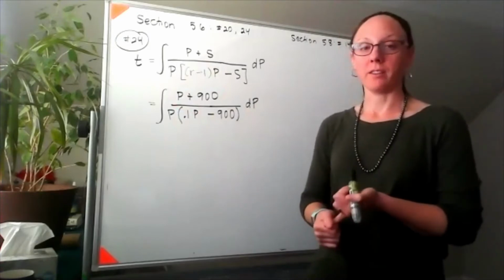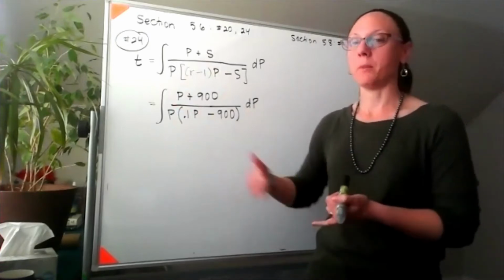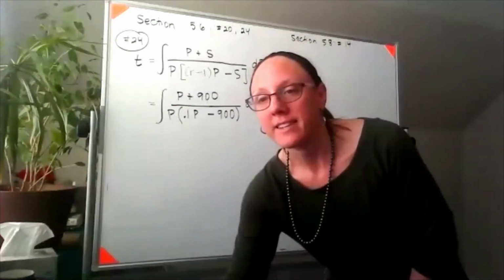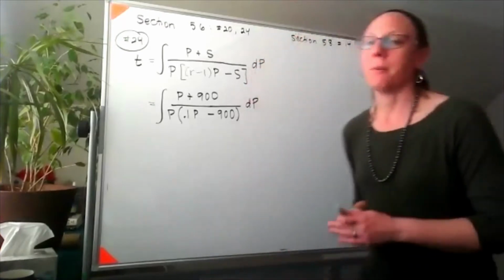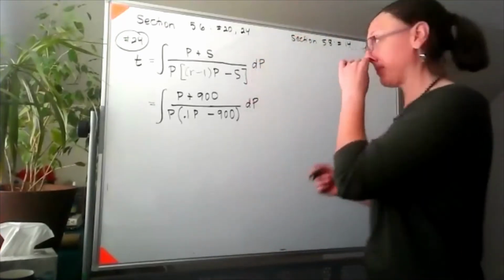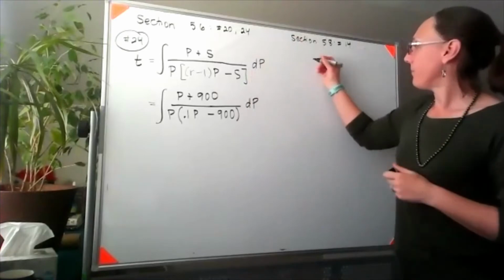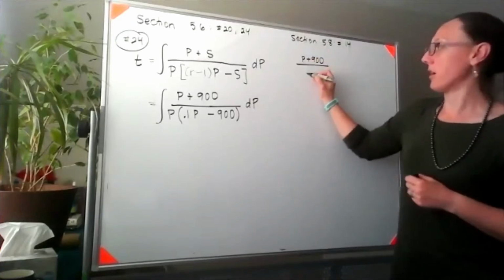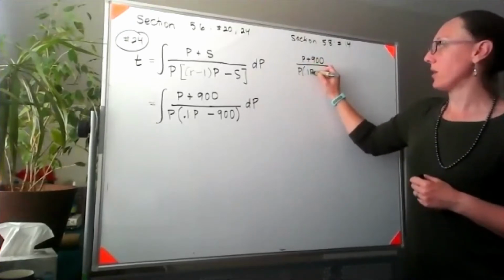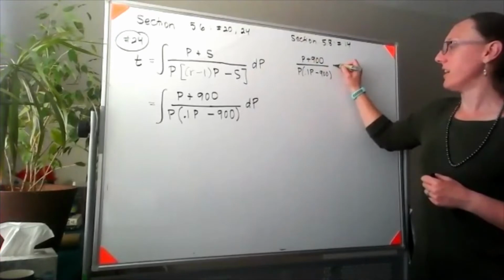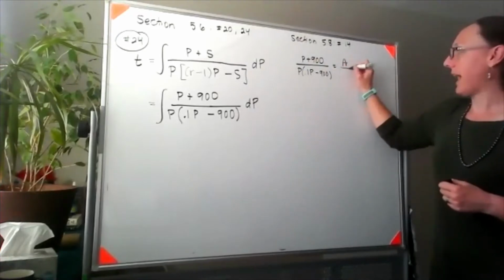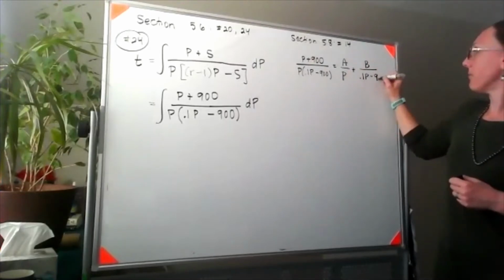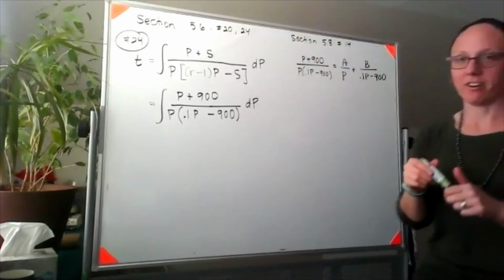Since it's a fraction, I'm going to think about where's my biggest power of P. The biggest power of P is in the denominator if I were to multiply that out. And since the biggest power of P is in the denominator, my next thought really is partial fractions. So I'm going to have P plus 900 over P times 0.1 P minus 900 is equal to A over P plus B over 0.1 P minus 900.